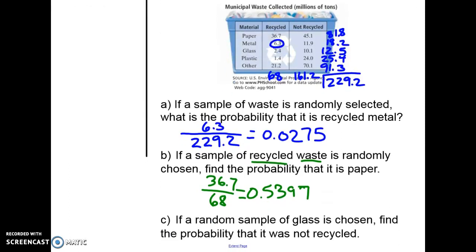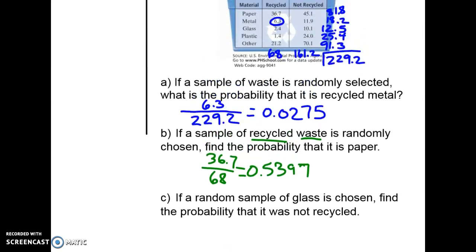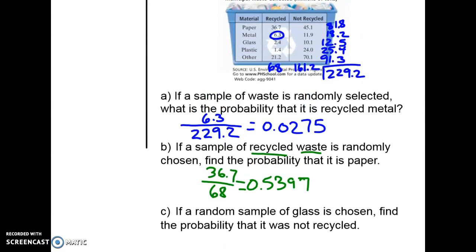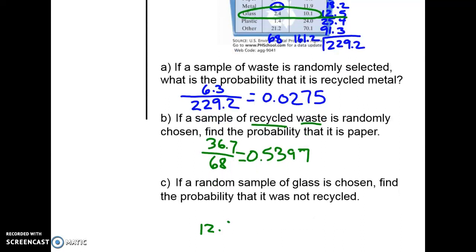And then our last one here, if a random sample of glass is chosen, find the probability that it is not recycled. So now we're just talking about glass. So here, if you go up to your table, we're just talking about glass right there, which is a total of 12.5. So our denominator, our total, would be 12.5.